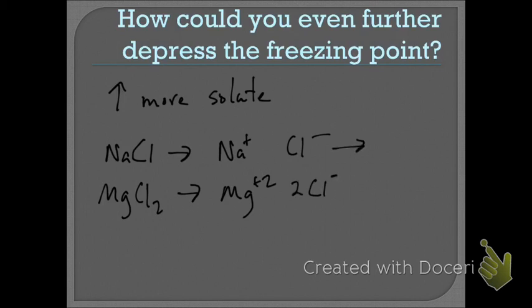So the number of ions you get out of sodium chloride is 2, 1 Na plus and 1 Cl minus. In this case, you get 3 ions. And so not only can you increase solute, but you can use a different solute where you have multiple ions, right? That would increase the effect, because it's not what it is, it's just how many things are interfering with either the boiling point or the freezing point.